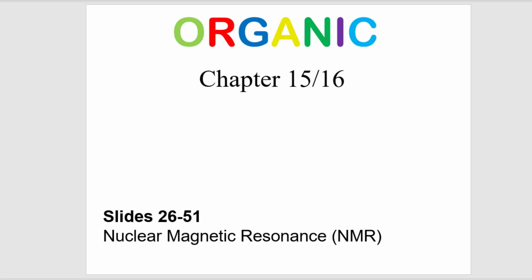Not super helpful when we're trying to figure out what a molecule looks like, though. Mass spec is super helpful, but it's a spectrometry, not a spectroscopy method, that helps us identify somewhat structure, mostly molecular mass and/or formula. We're now going to look at nuclear magnetic resonance.